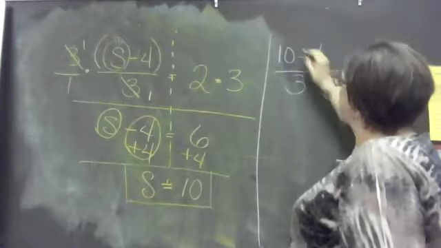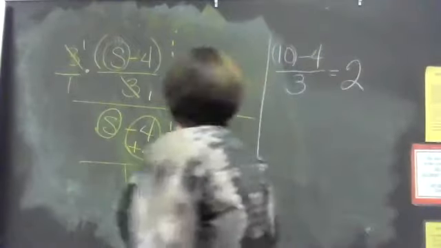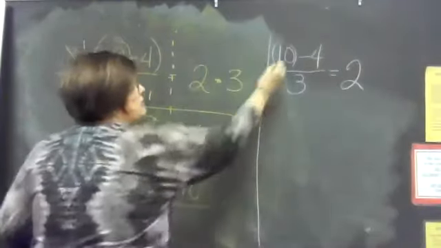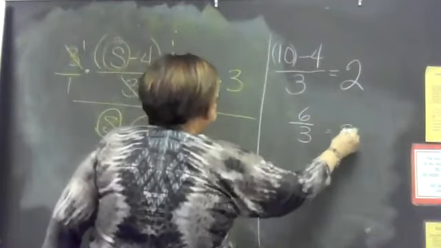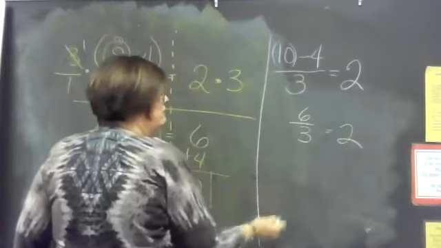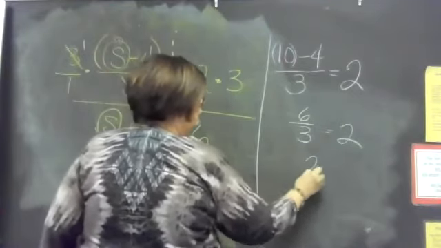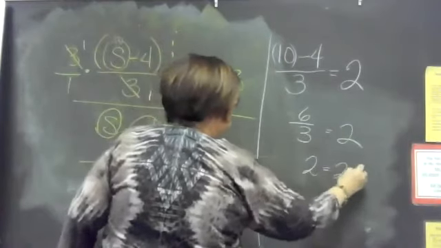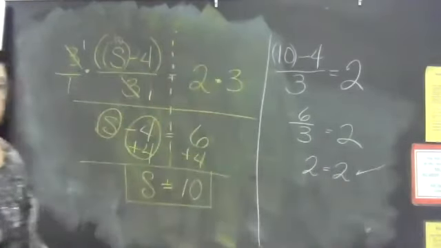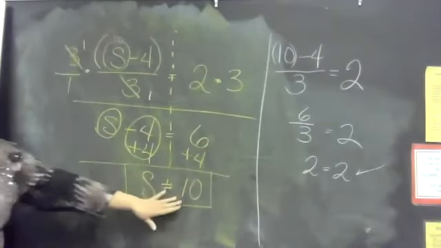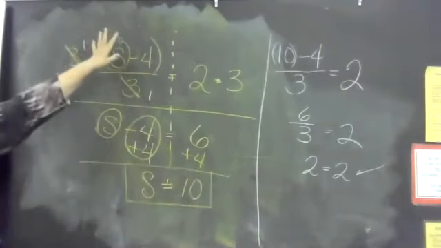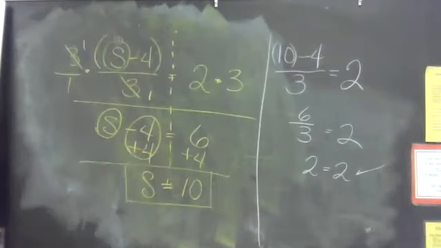Do y'all see where I plugged in the 10? So 10 minus 4 is 6 over 3 equals 2. What is 6 divided by 3? 2 equals 2. It checks out. 10 was the correct answer because I could plug it into the original problem and get an equality. So if you need to check, feel free to do so.